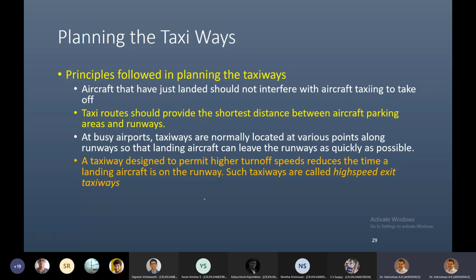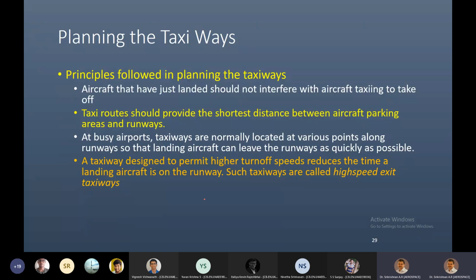So taxiways which help an aircraft retain its velocity to some extent, that is, a landing aircraft having reasonably high velocity during taxiing, are referred to as high speed exit taxiways.